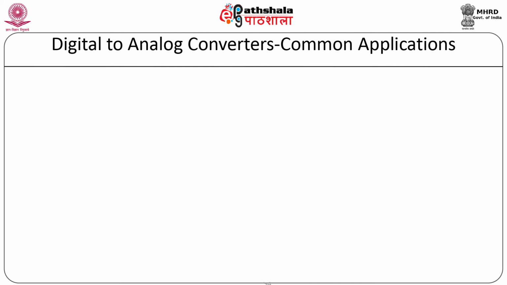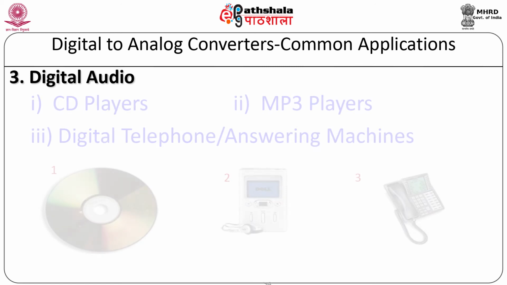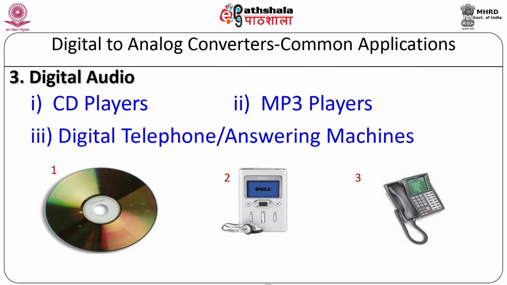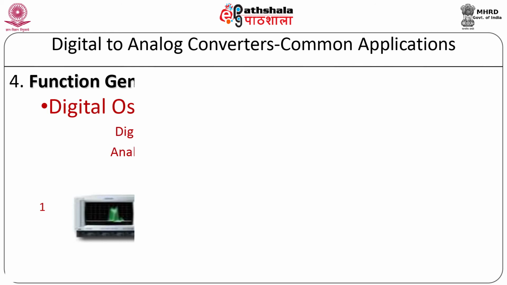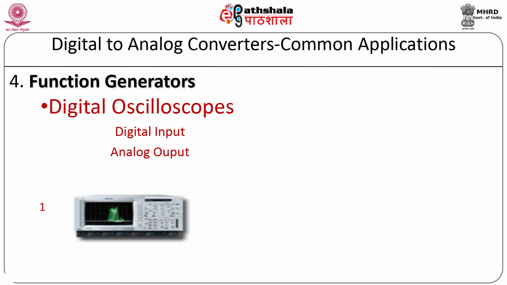Digital to analog converters also find applications in digital audio, where rather than storing an analog signal which is more prone to noise, nowadays data is stored digitally in CD players, MP3 players, as well as in digital telephone and answering machines. The commonly used instruments in the electronic laboratory, such as digital oscilloscopes, require digital input and analog output.